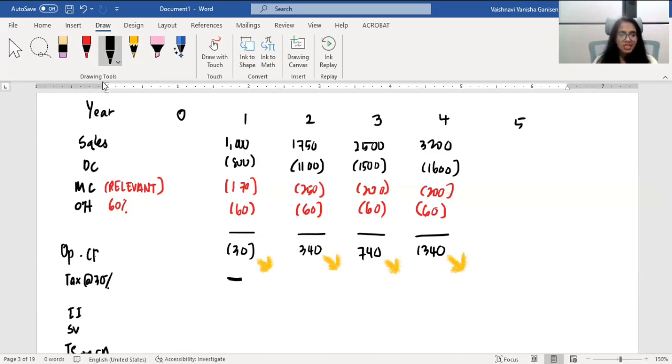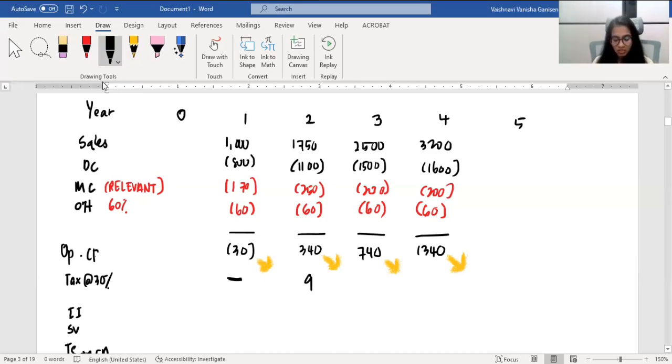Now, the next confusion is that your operating cash flow in year one is negative 30. Remember what I told you about negative cash flow? When there is a negative operating cash flow, there will be a tax refund. So here will be 9. And you can continue to fill up the others.